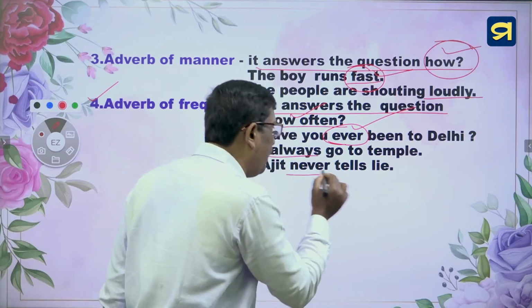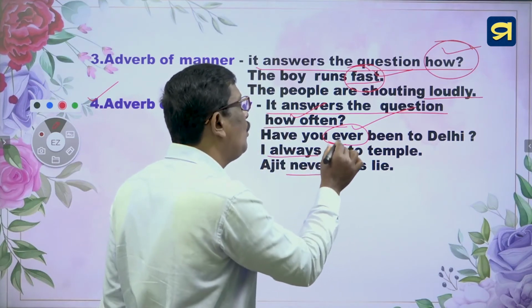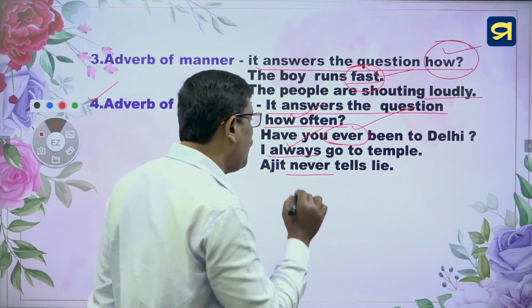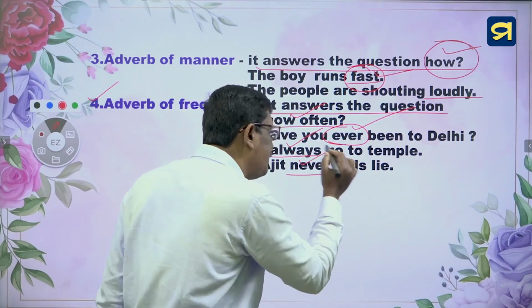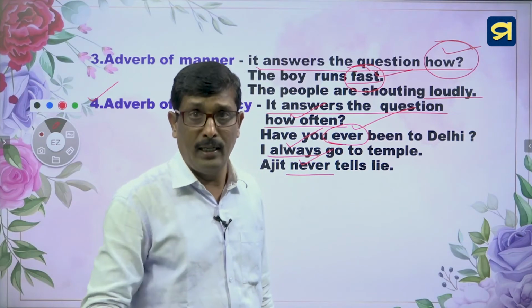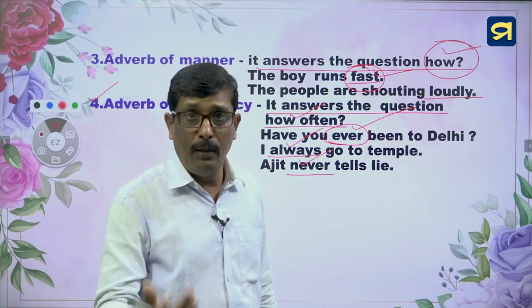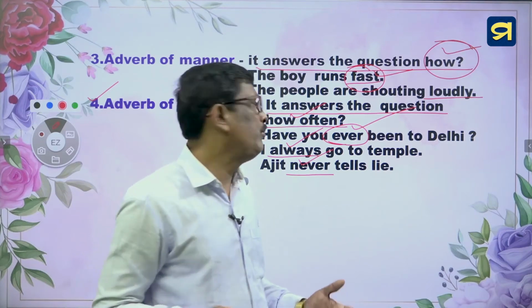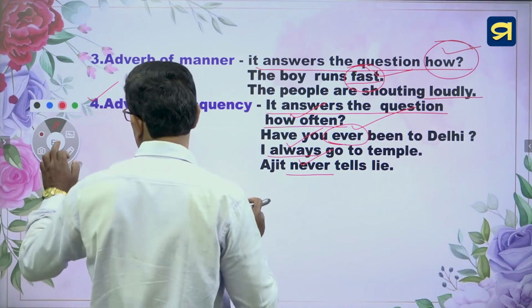Similarly, never. I always go to temple. Here always is the adverb of frequency. Ajit never tells lies. Here never is the adverb of frequency. Similarly, sometimes, occasionally, regularly, every day, every time. These are the different examples of adverb of frequency.